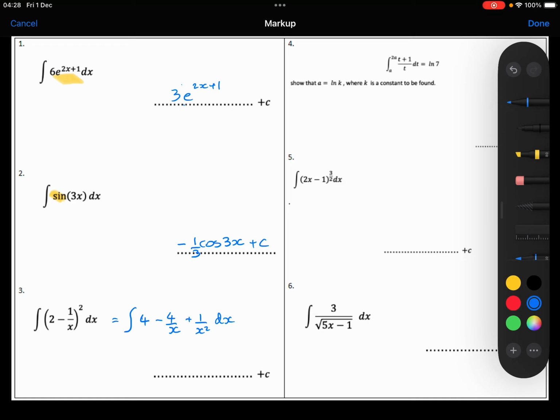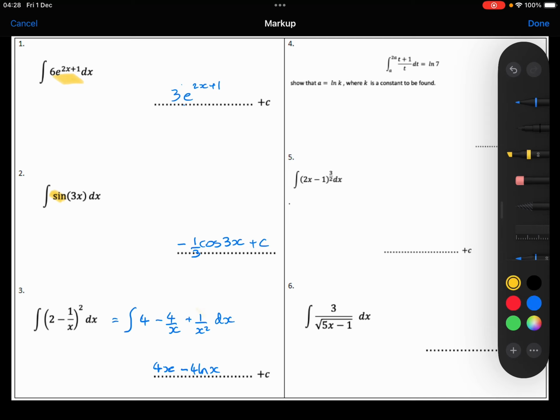Now I've expanded the brackets, each of these terms can individually be integrated pretty easily. The 4 will integrate to be 4x. The minus 4 over x will integrate to be minus 4 ln x.